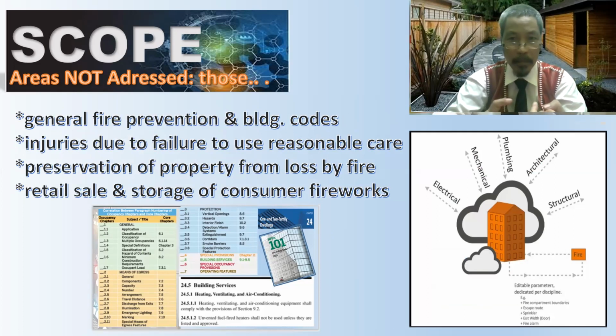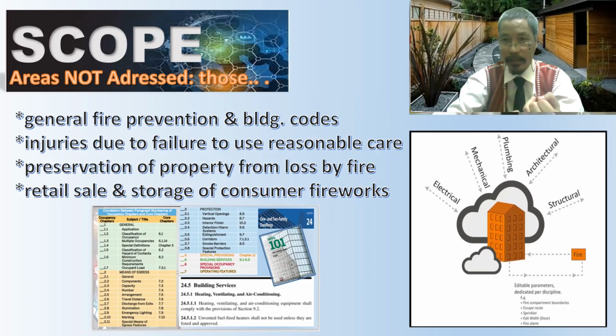This life safety code does not address building codes, and also does not address the general fire prevention. Number 2, injuries. It does not address injuries due to failure to use reasonable care.